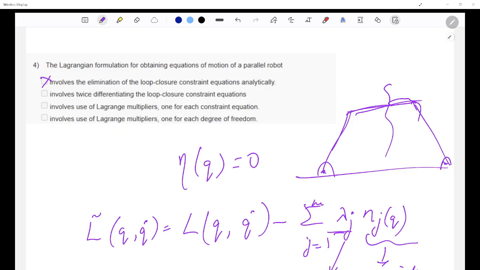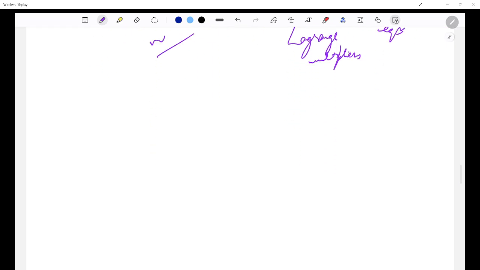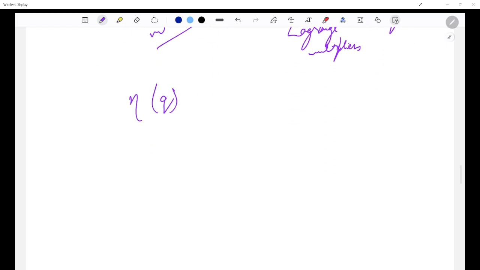The second option involves twice differentiating the loop closure constraint equations. This is correct. Why? Because this is our constraint equation, and we differentiate it twice. Let's say our constraint equation is represented by this.